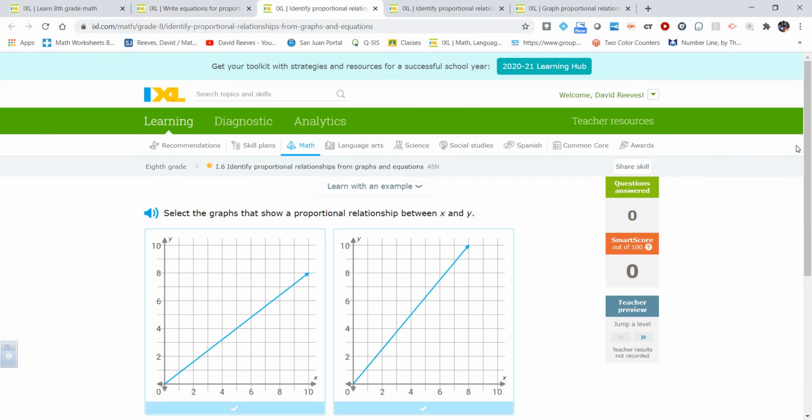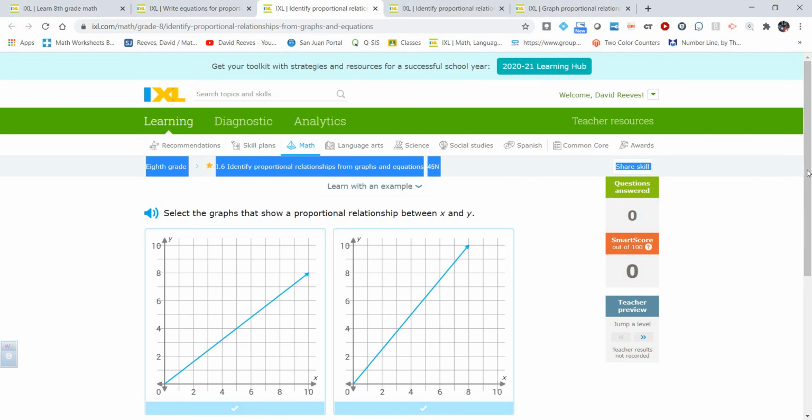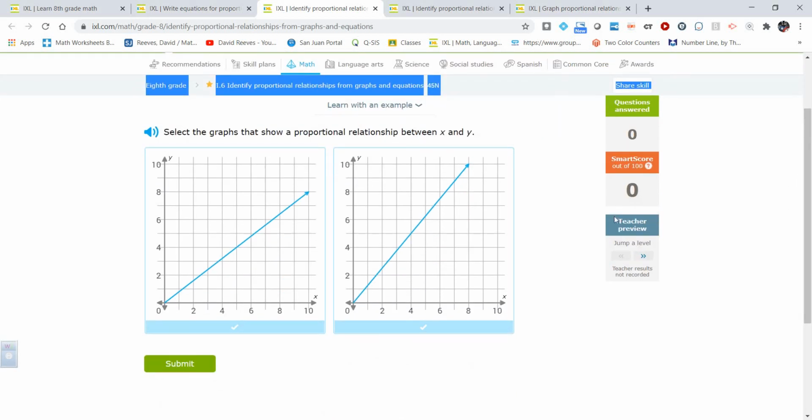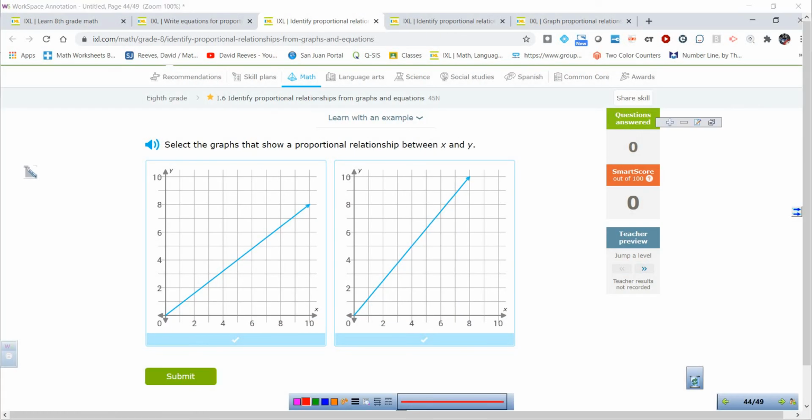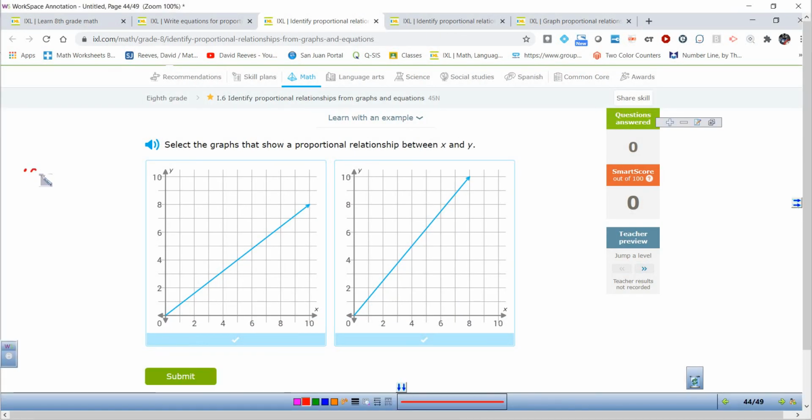All right, select the graphs that show a proportional relationship. If it is going to be a proportional relationship on a graph, it must meet 2 conditions. It must be a straight line.